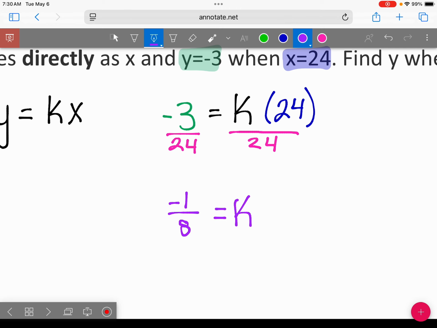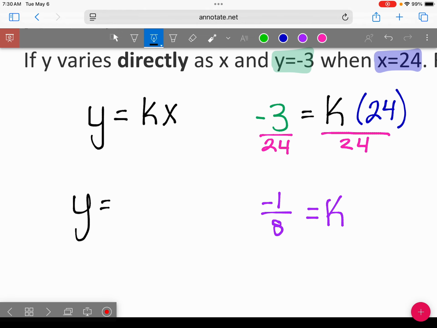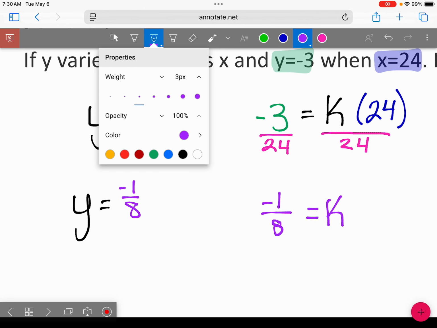So that means for this particular situation, I could rewrite this equation as y is going to always equal negative 1/8 times x.